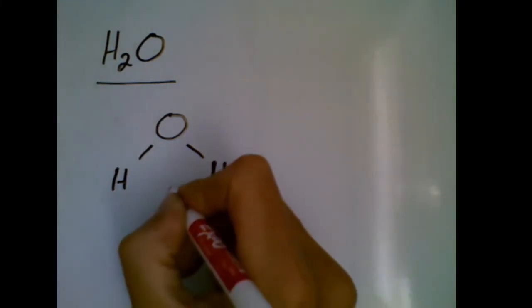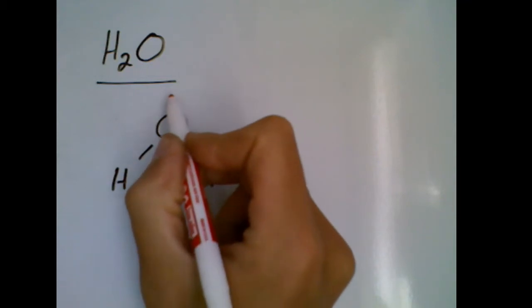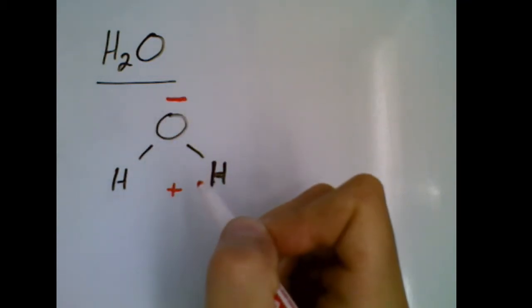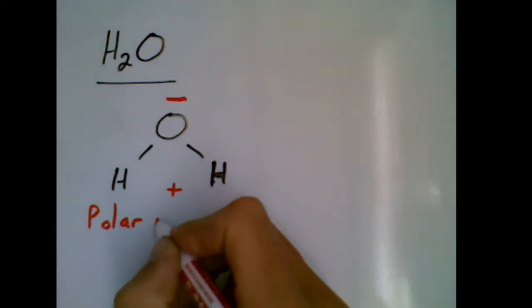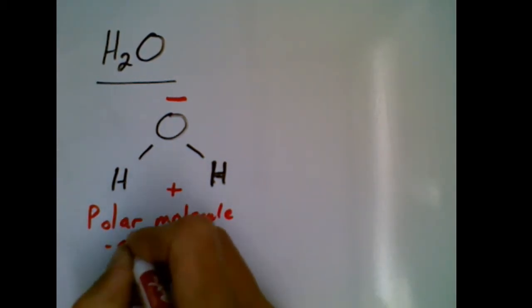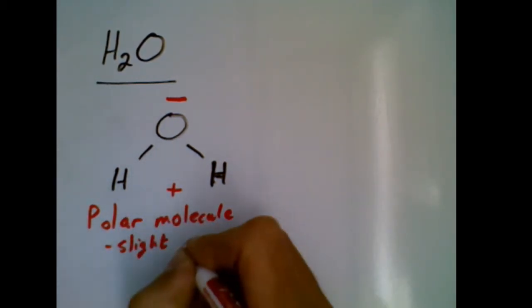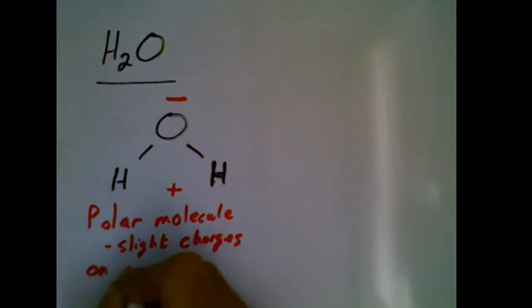Now, what ends up happening in a structure like this is it actually gets a little bit more positive on one side and a little bit more negative on the other. This creates what we call a polar molecule. A polar molecule is one that has slight charges on opposite sides.